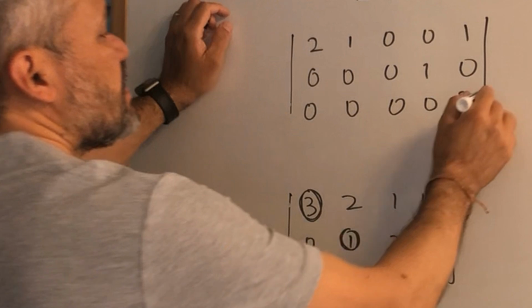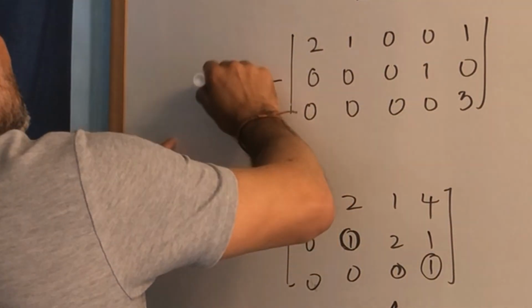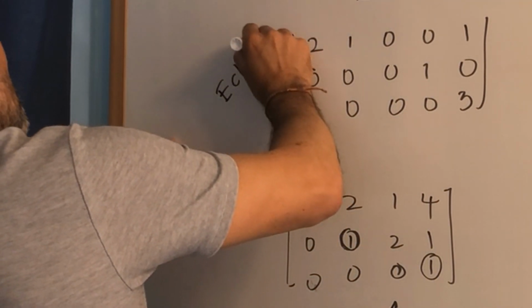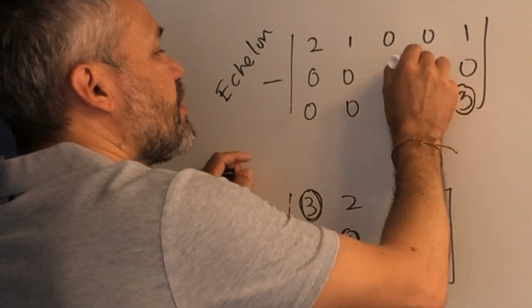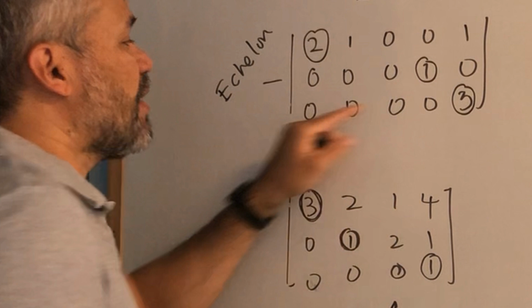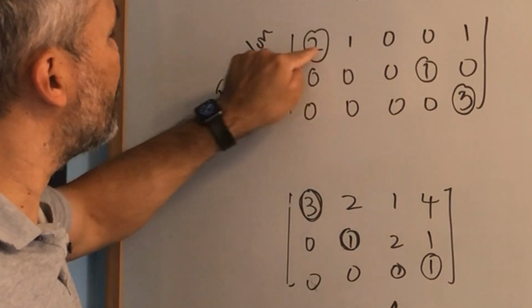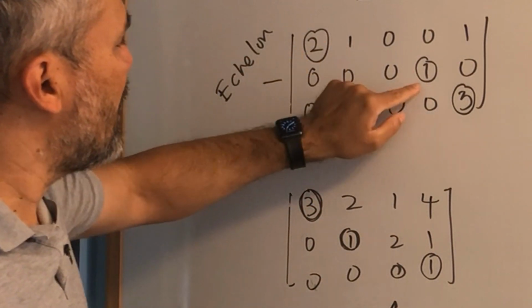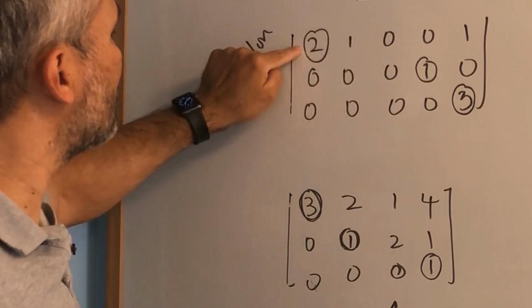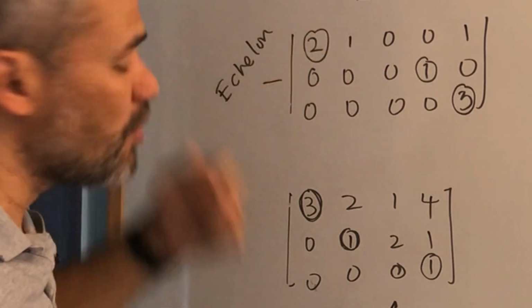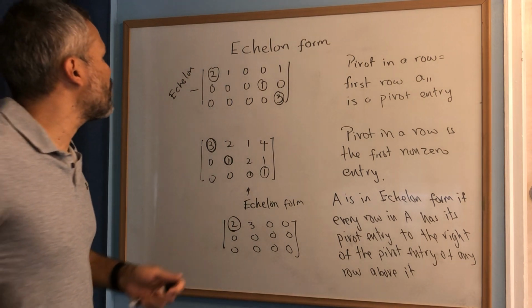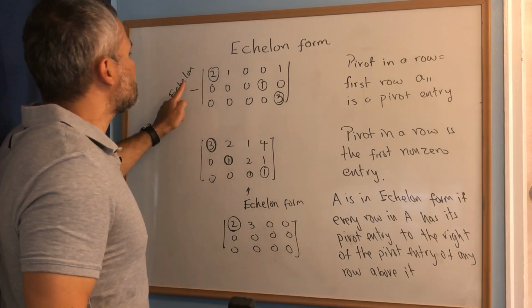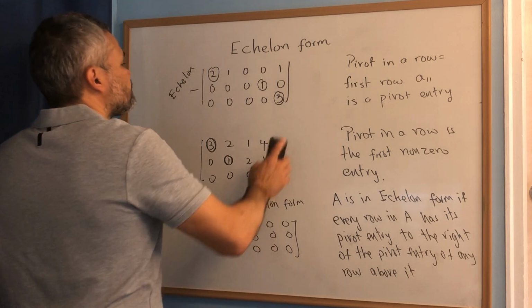This matrix is in echelon form because when we look at the pivot entries, the pivot of this row is to the right of these two pivots, and the pivot of this row is to the right of this pivot, and for the first row there is nothing to check. Then we have the notion of a matrix being in echelon form.